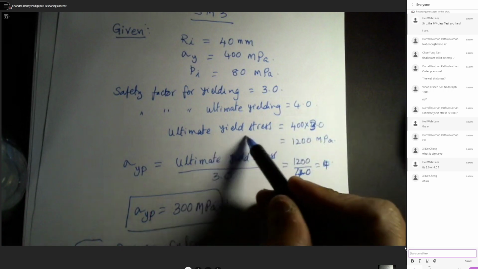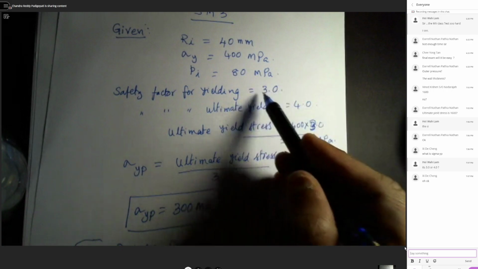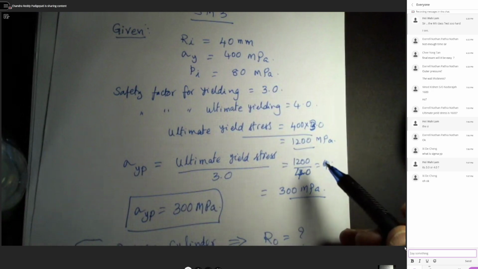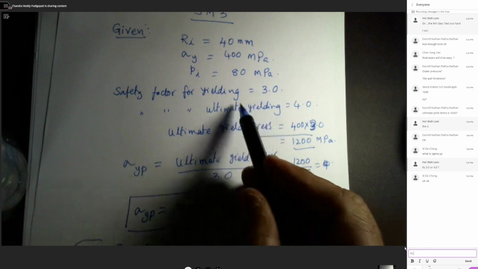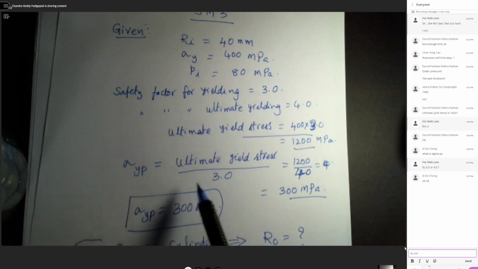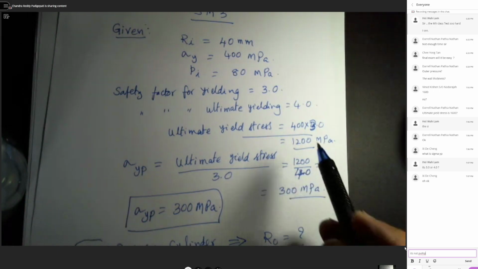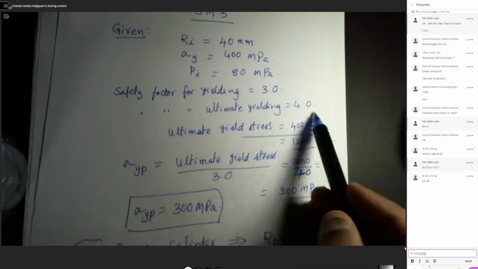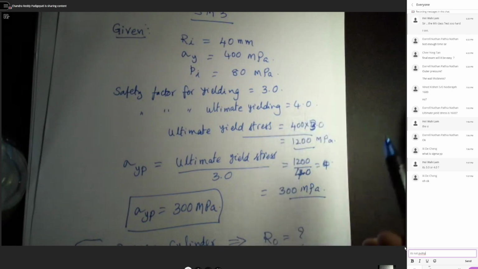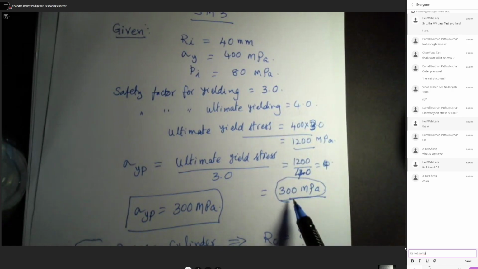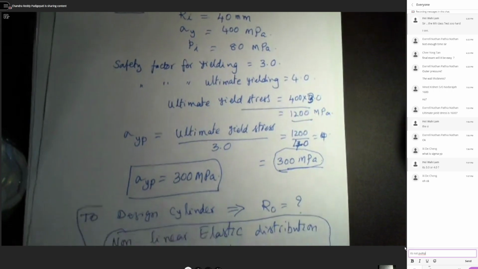To get the ultimate yield stress, for yielding we multiply with 3.0, so you get 1200 megapascals. Then for the plastic yield stress, we use the ultimate yield stress over the ultimate yielding safety factor. That gives you the plastic yield stress as 300 megapascals.